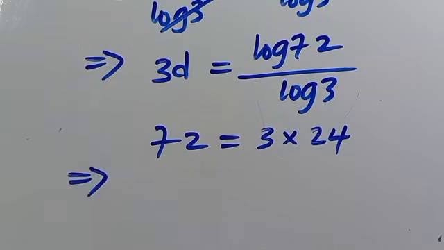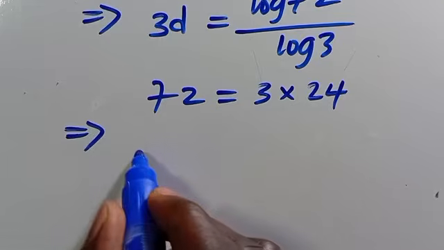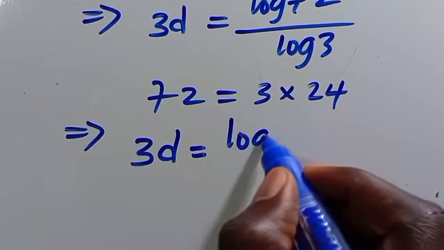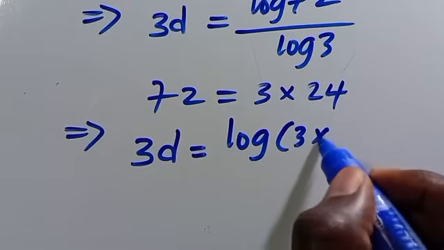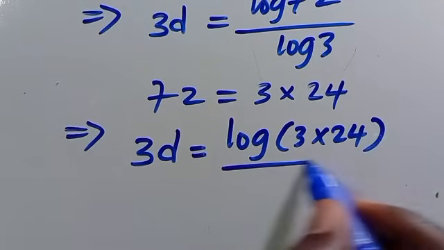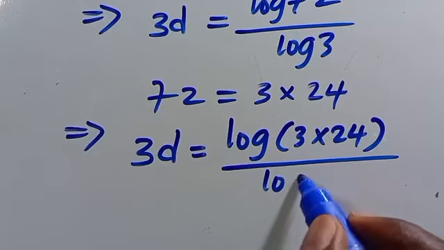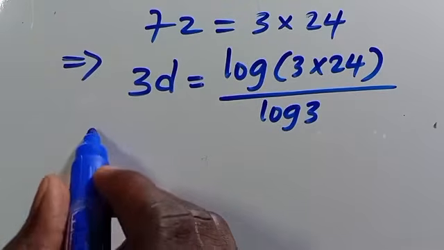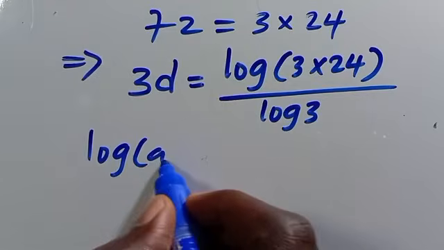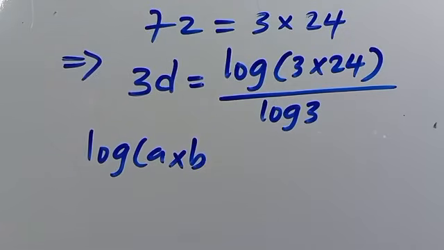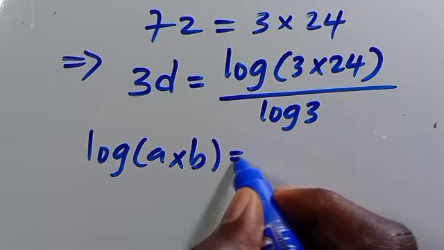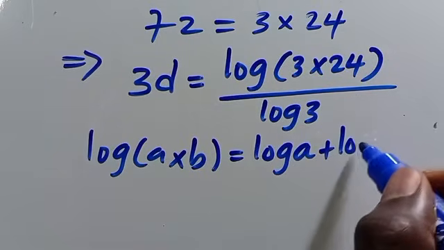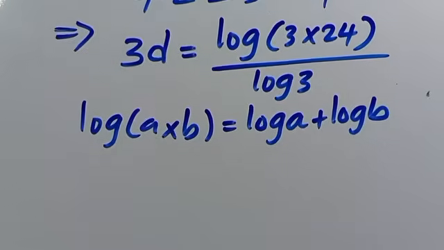So from here, we have 3d equals log 3 times 24 over log 3. So when we have log a times b, it always equals log a plus log b.